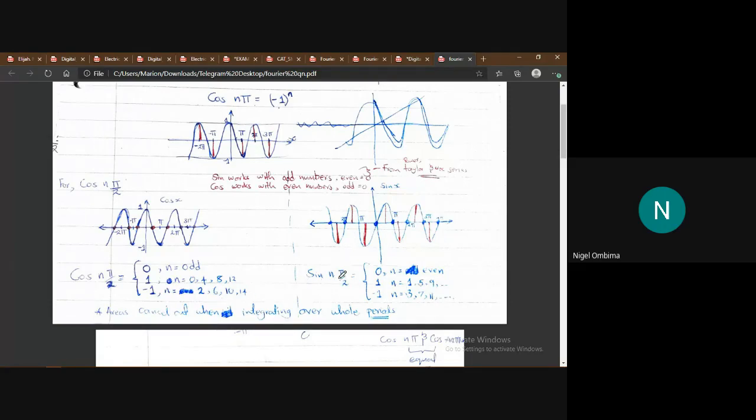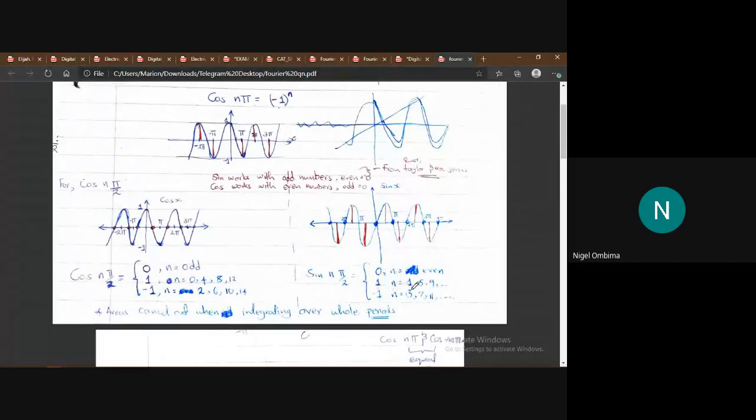The same thing applies to the sine function. So when we assume x is pi over 2, or sin n pi over 2, there's a sine graph function. It will give a 0 when n is even. I hope you guys can see this. It will be 0 for even because sine is an odd function; it gives values 1 and negative 1 when n is odd, but 0 when it is even.